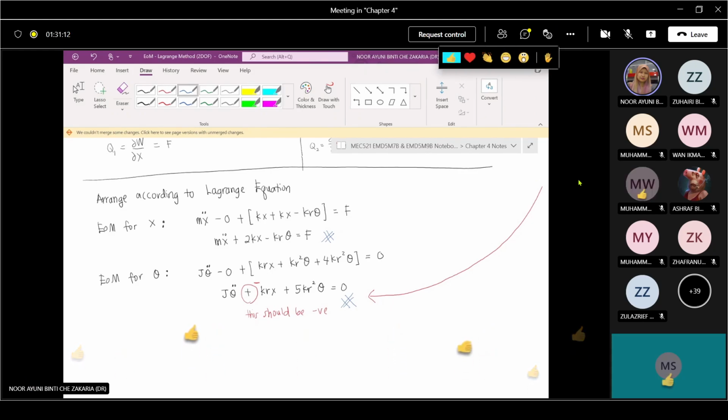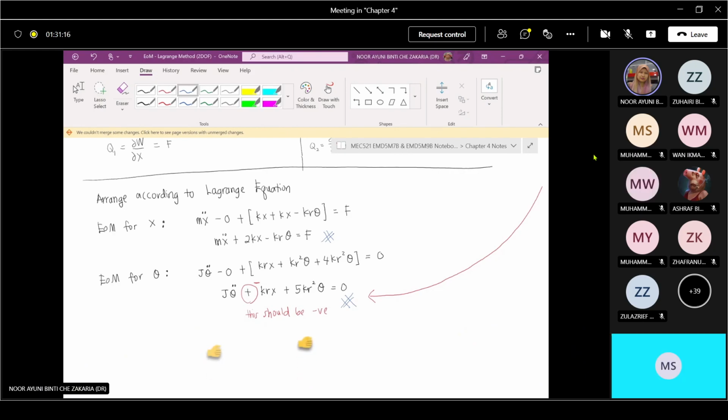Love 50 ke bawah, 50% less. Yang rasa tak faham pun. Okay, I'm getting like a lot. Okay, very good. Ada love.